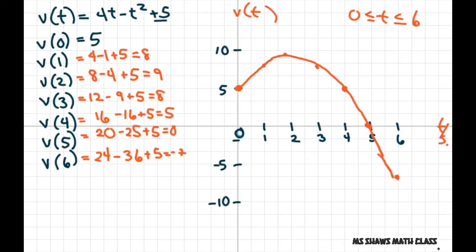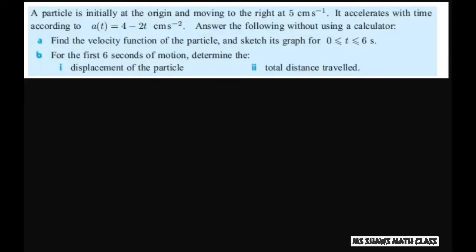All right. The next thing we have to do is find the displacement of the particle. Well, your displacement is s(t), which is actually the antiderivative of v(t) dt.